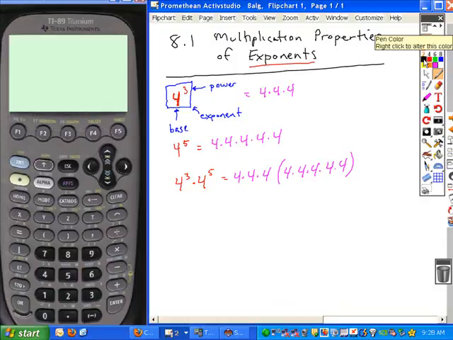So when I write my answer, I can take this common base of 4. And how many times is this base being multiplied by itself total now? Here's 3 of them, and here's 5 more. So we have a total of 8. What did we do to the powers when we multiplied exponents? We added them. Anytime you multiply exponents with the same base, you add their powers.